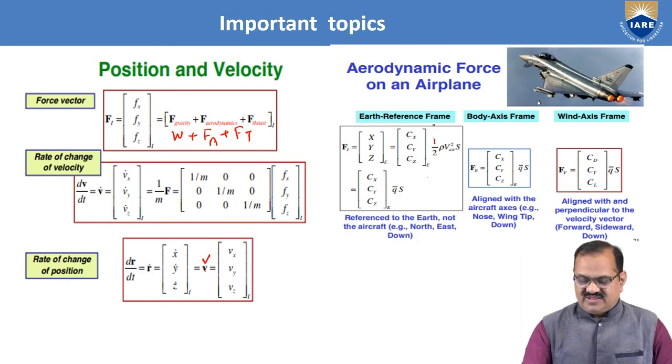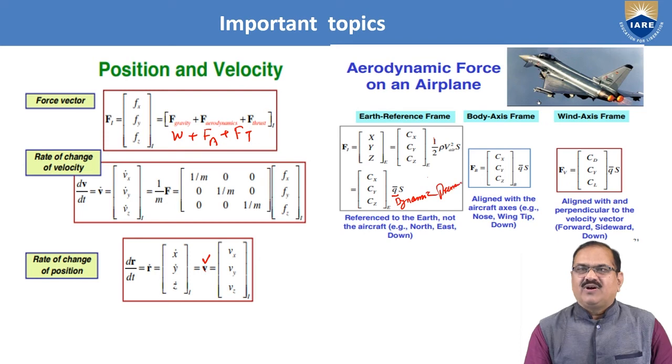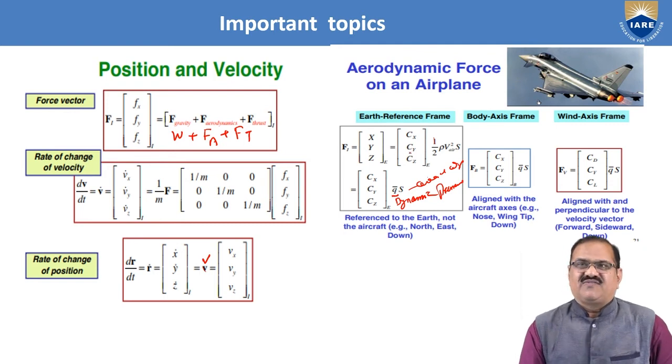So here C_x, C_y, C_z, and this half rho V squared we can write as q bar, and q bar is the dynamic pressure. And S is the area of the wing. So it is in an earth reference frame.